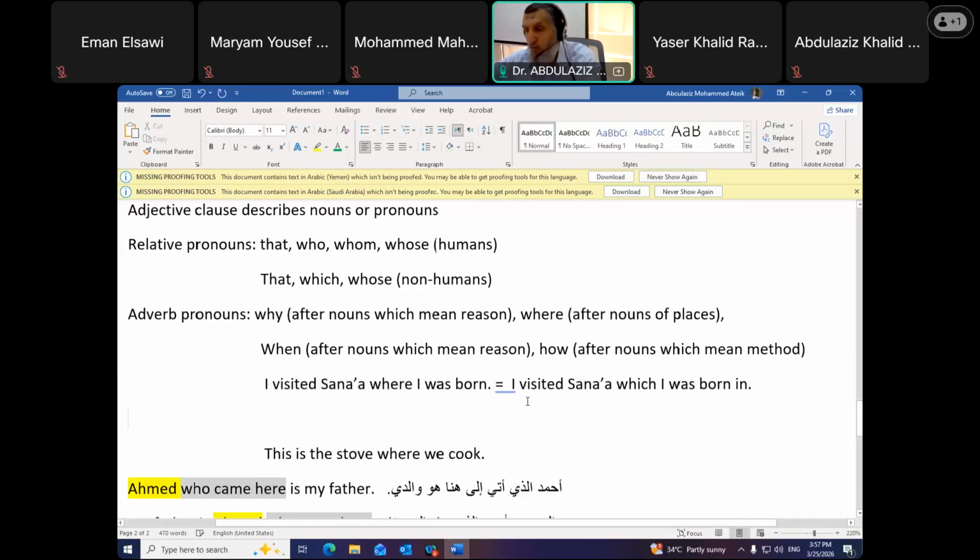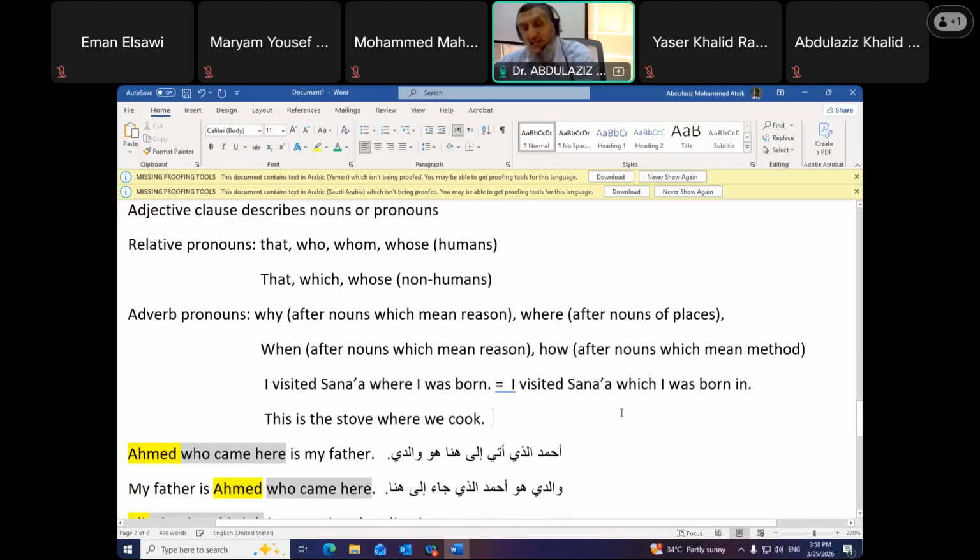This is Sana'a, which I was born in. I was born in Sana'a. So we must use, look, where equals which and in. Similarly here, this is the stove which we cook on.